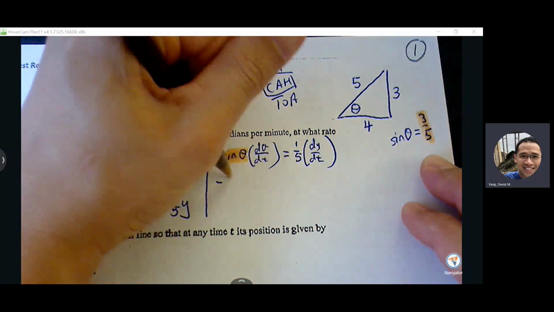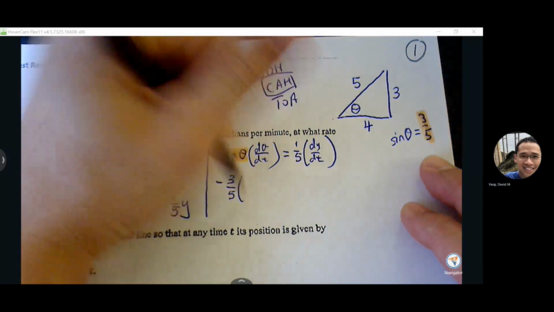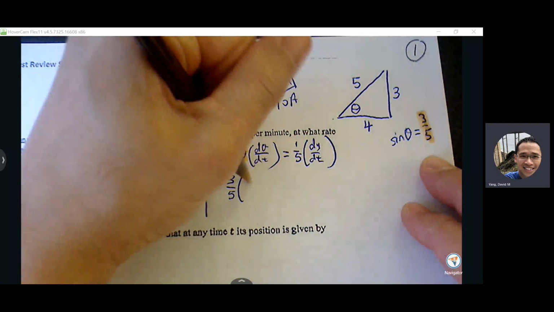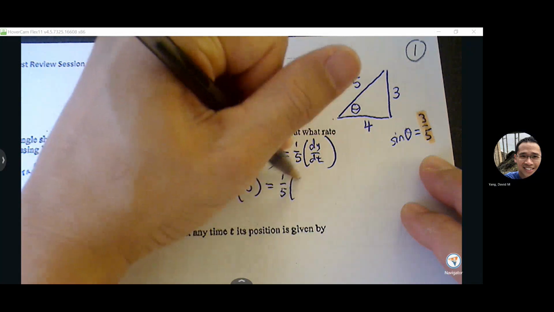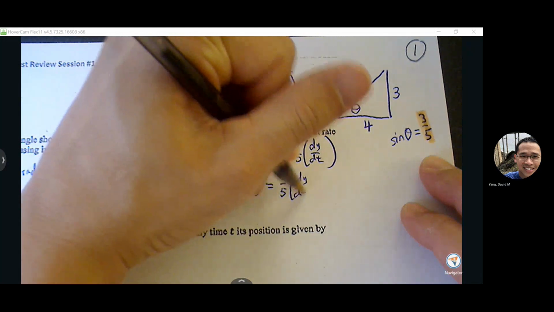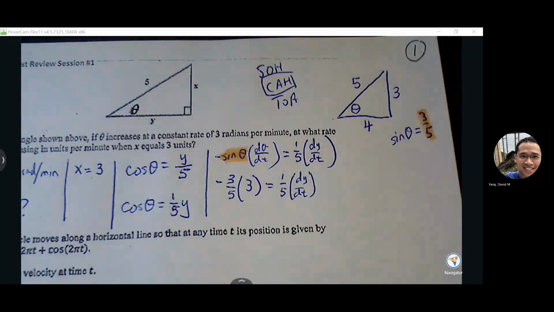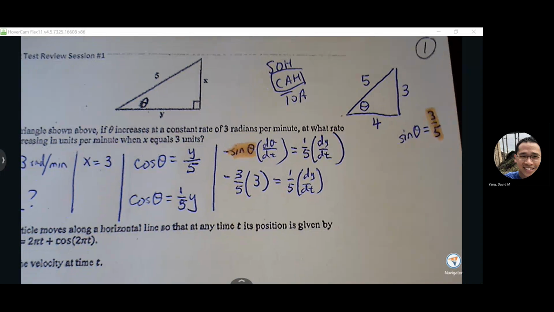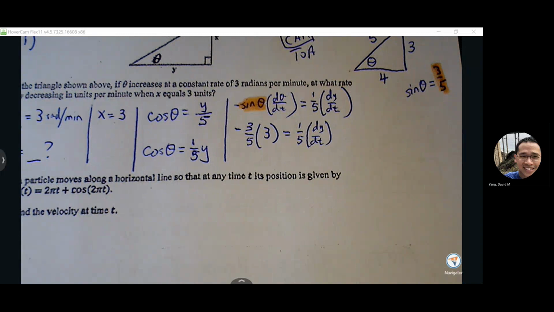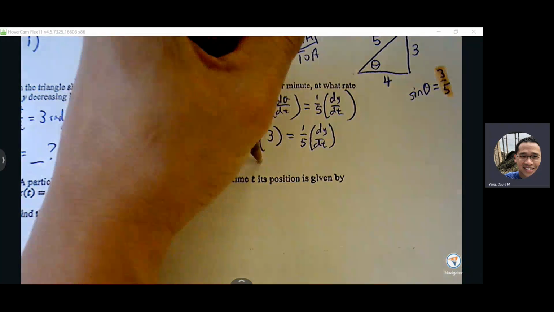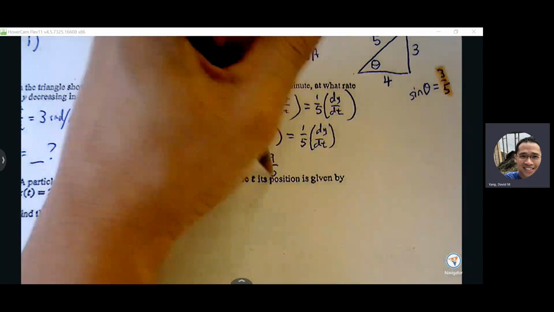So negative 3/5 times d theta dt, which is 3, equals 1/5 dy dt. Okay, negative 9/5 equals 1/5 dy dt. I can divide this fraction over.